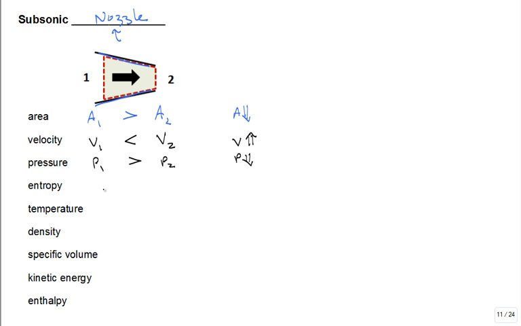How about the entropy, S1, S2? Notice, this is geometry. The rest of these are properties. We're just talking about properties. So what about entropy, S2, S1? We're going to assume it's internally reversible. Then it's equal. See?